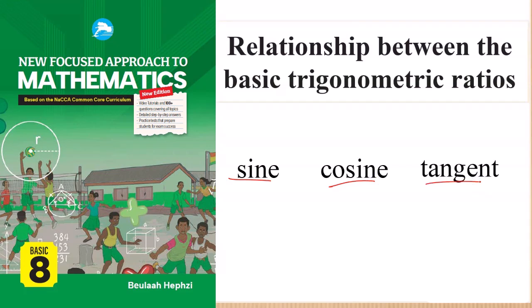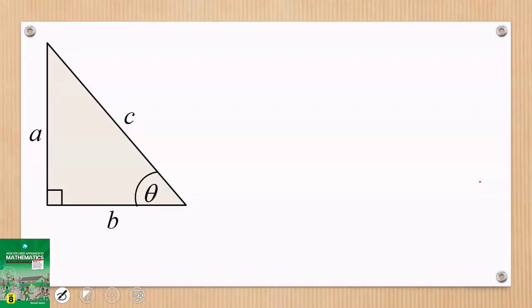Now, we will start with the concept of right-angled triangle. Anytime we have a triangle and one of the interior angles happen to be 90 degrees like this one, then we call this type of triangle right-angled triangle. And when we have right-angled triangle, always the opposite side of this right angle is this line we call the hypotenuse.